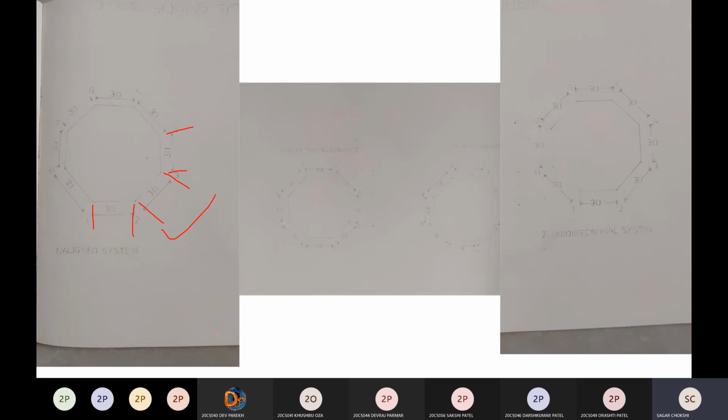Okay, so it is correct. In the unidirectional system, you have to write it vertical, so it is correct. But the extension line must be closer to the object line. Okay, done. So this is the way you have to do it.